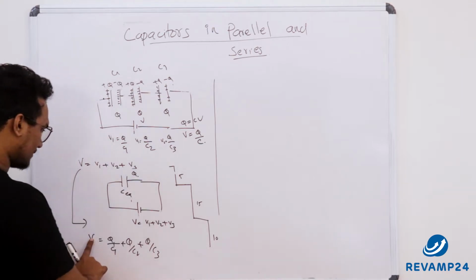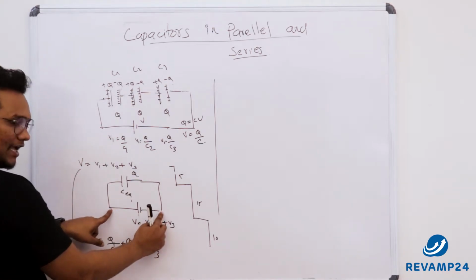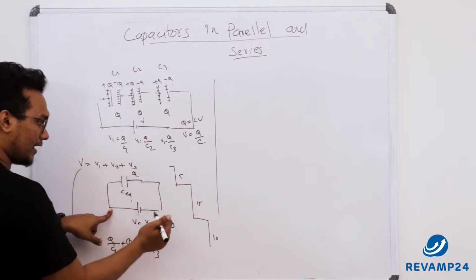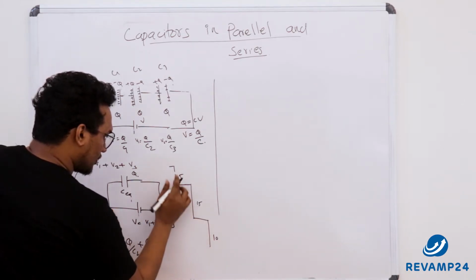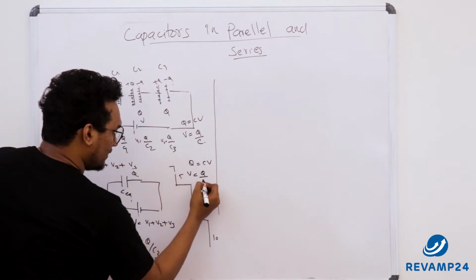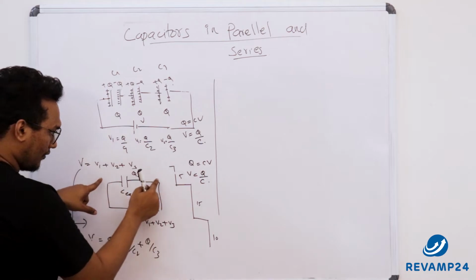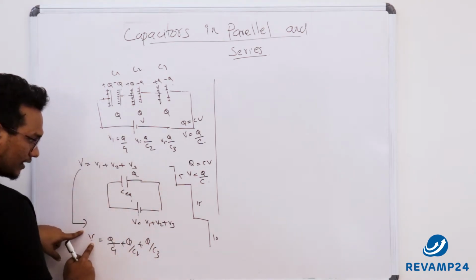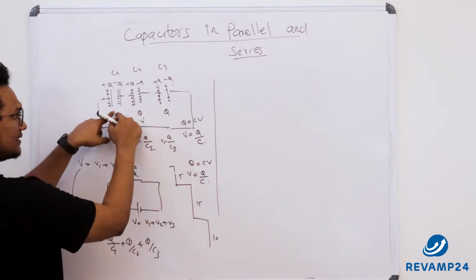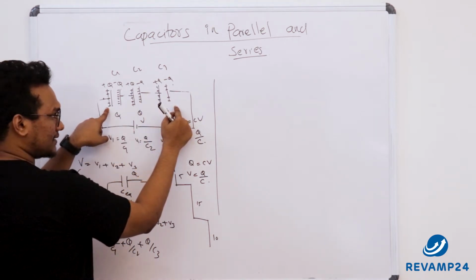Okay. Now what is V? It's the same value in the equivalent circuit, right? What will V be here? So we know the equation Q is equal to CV, so V is equal to Q by C. Now I can substitute the value of V here because it's the same battery, right? The only difference is that here 3 capacitors are connected in this way.